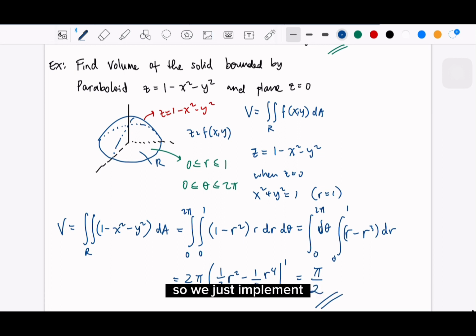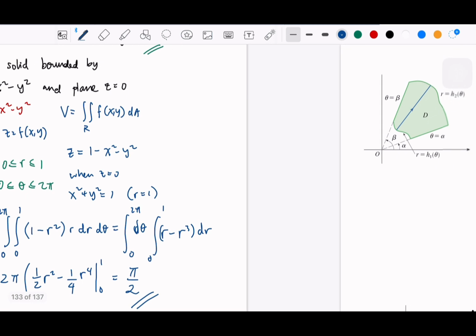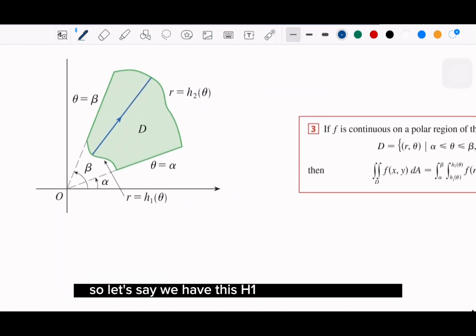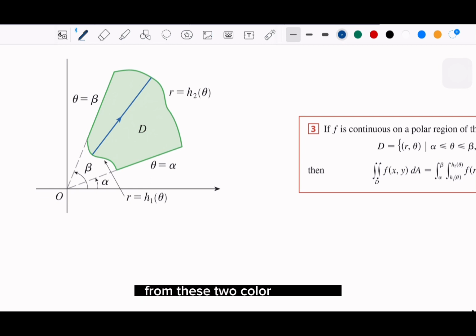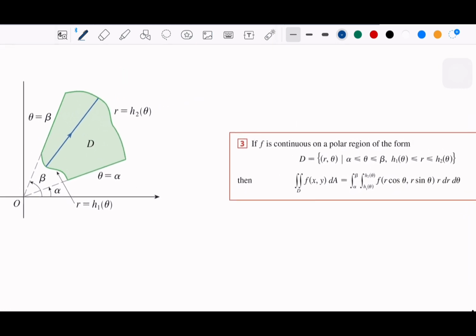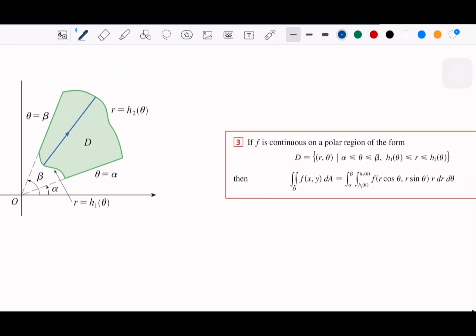So let's say we have h1 and h2 as functions from these two polar functions, then we could implement them inside our double integral, with r.